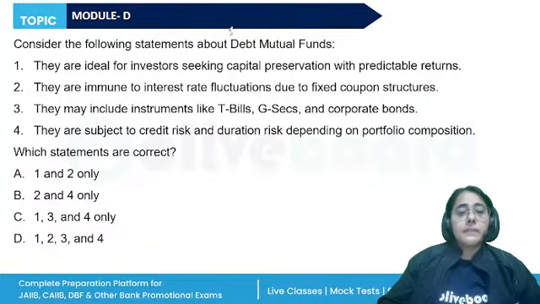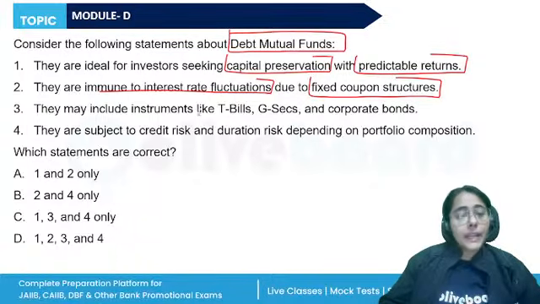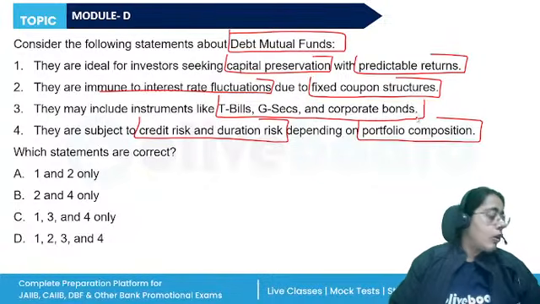Consider the following statements about the debt mutual fund. 1. They are ideal for investors seeking capital preservation with predictable returns. 2. They are immune to interest rate fluctuation due to the fixed coupon structures. 3. They may include instruments like treasury bills, government securities, and corporate bonds. 4. They are subject to credit risk and duration risk depending upon the portfolio composition.